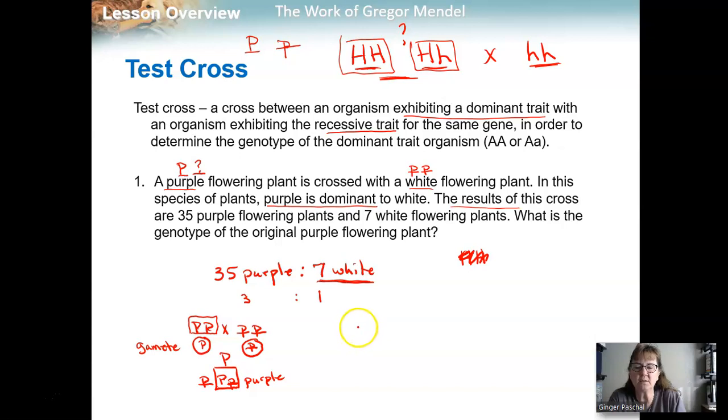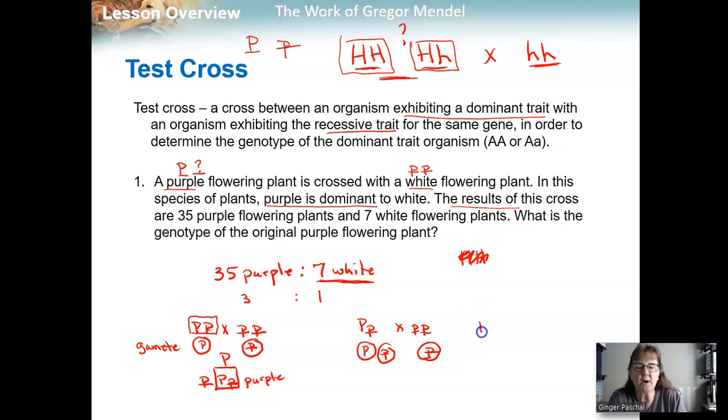So let's check out this one. Could it be a capital P, lowercase p that we crossed with our lowercase p, lowercase p? Well, we've got capital P gamete and lowercase p gamete. We've got it crossed with a lowercase p gamete. Draw a line there.